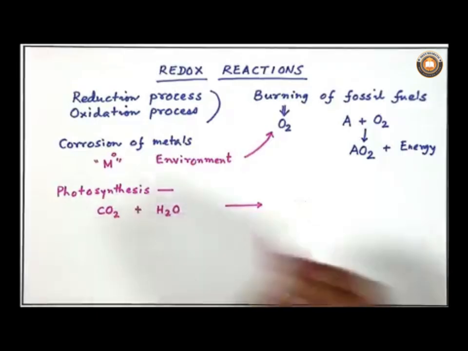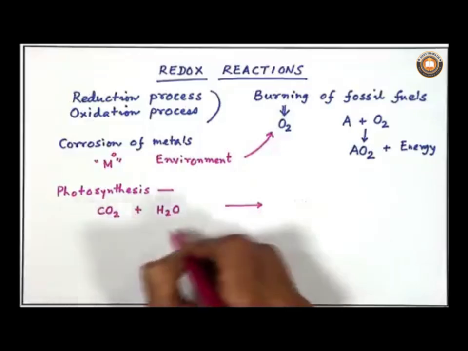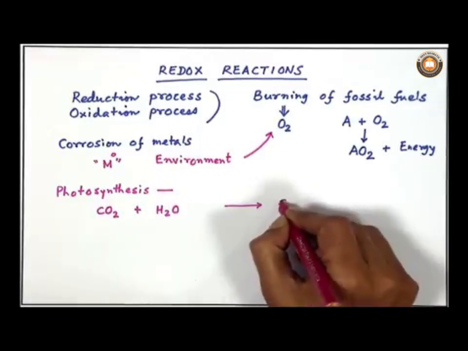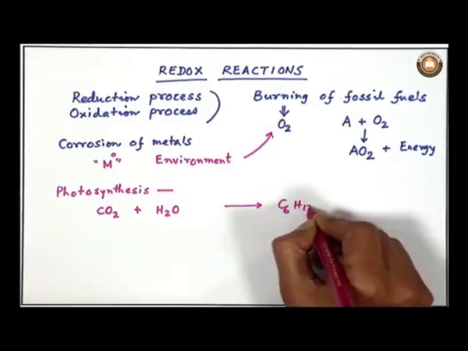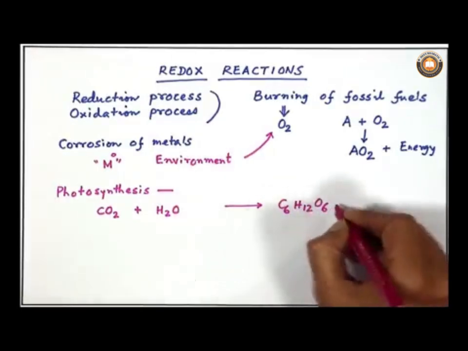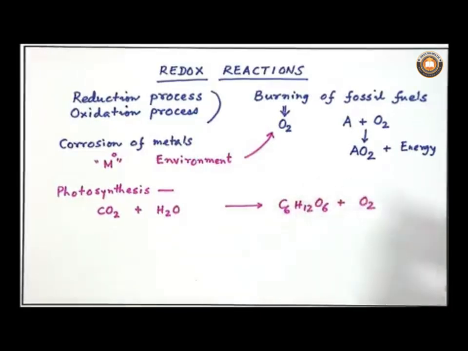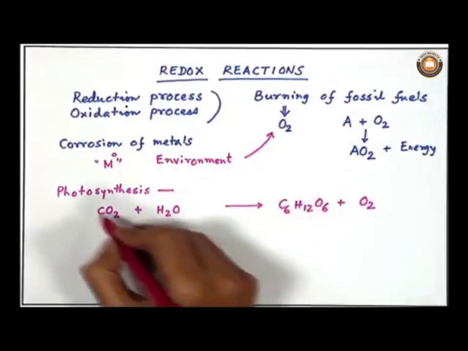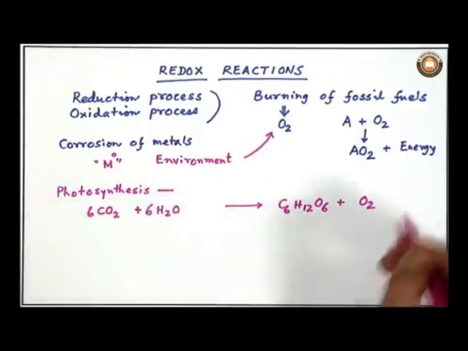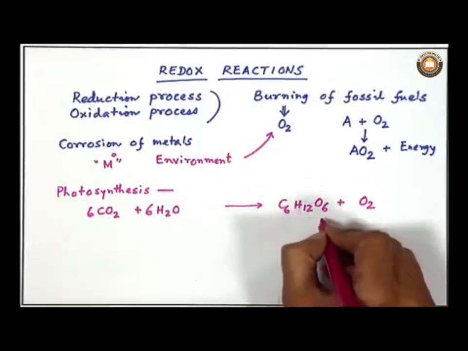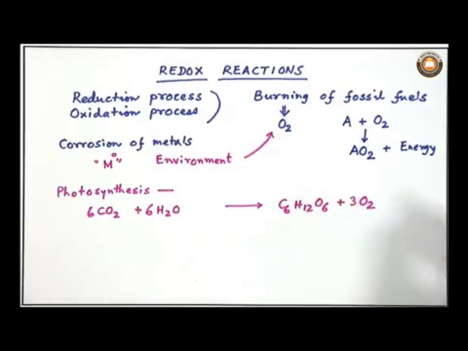I will come to this later, where we will find how these two species are useful for the formation of the glucose material, which is C6H12O6, with the elimination of molecular oxygen. So, in this process, if we balance it, 6 molecules of CO2 and 6 molecules of water will give rise to C6H12O6 plus 6 molecules of oxygen.